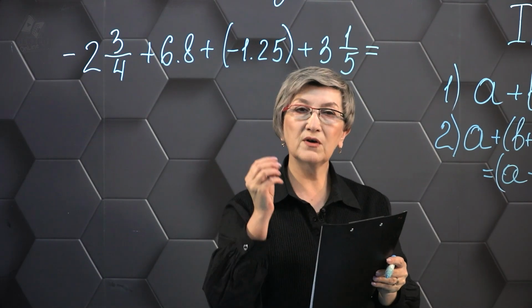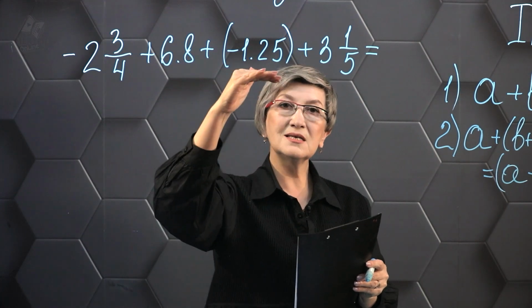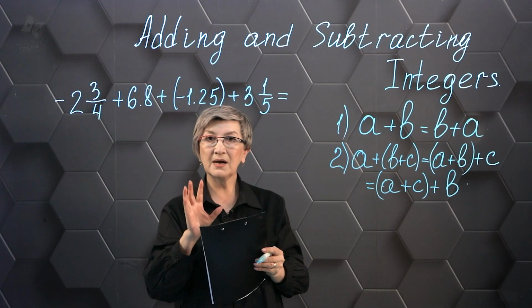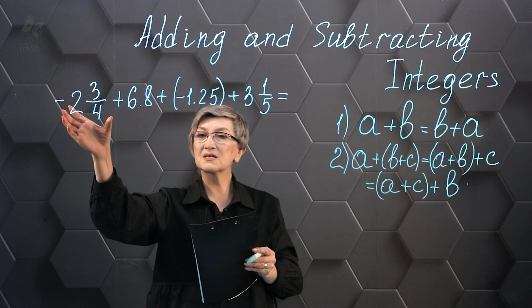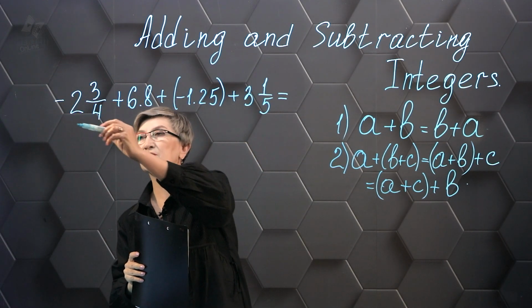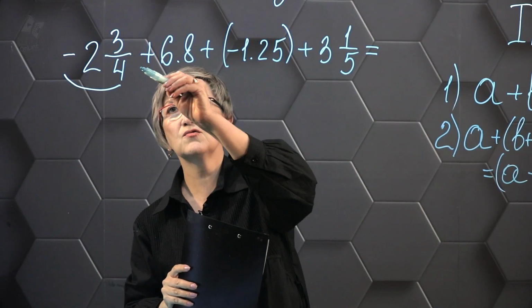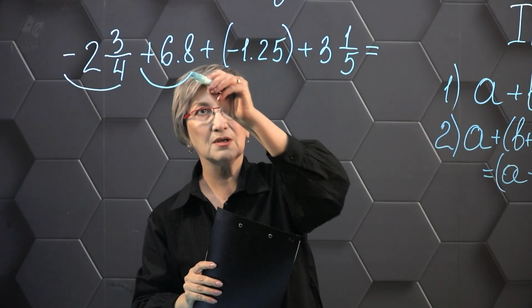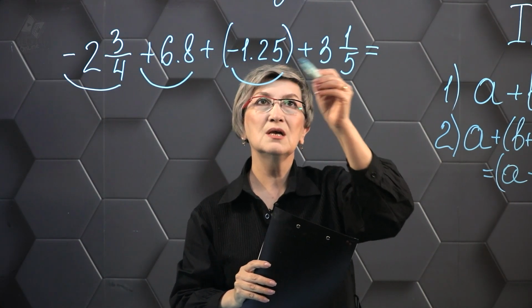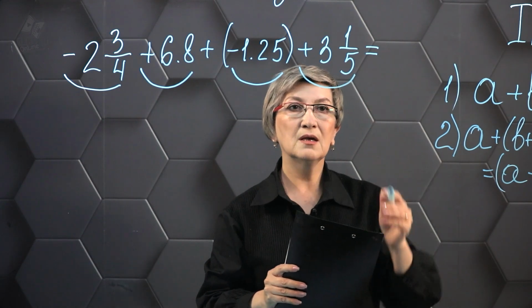You see that in this example there are fractional numbers, there are decimal fractional numbers. First we need to understand the signs of all the numbers. The number -2 whole 3/4 with a minus sign, the number 6.8 with a plus sign, the number 1 whole 25 with a minus sign, and the number 3.1 with a plus sign.